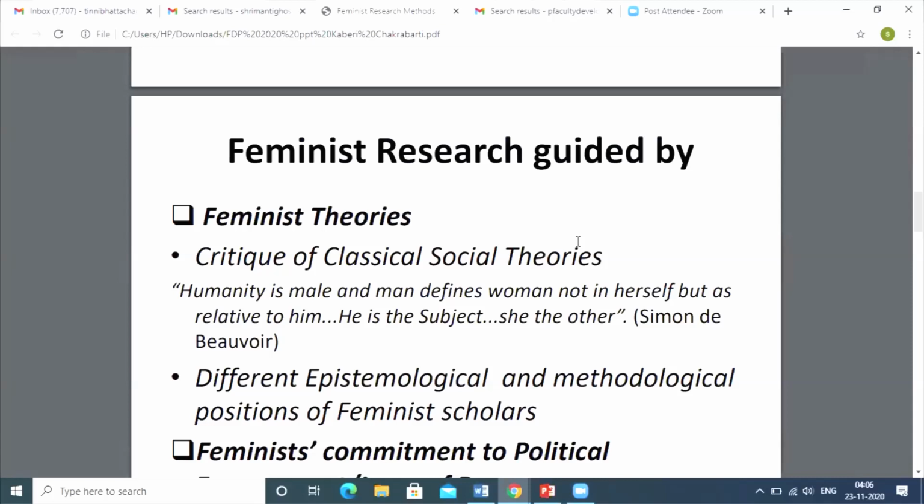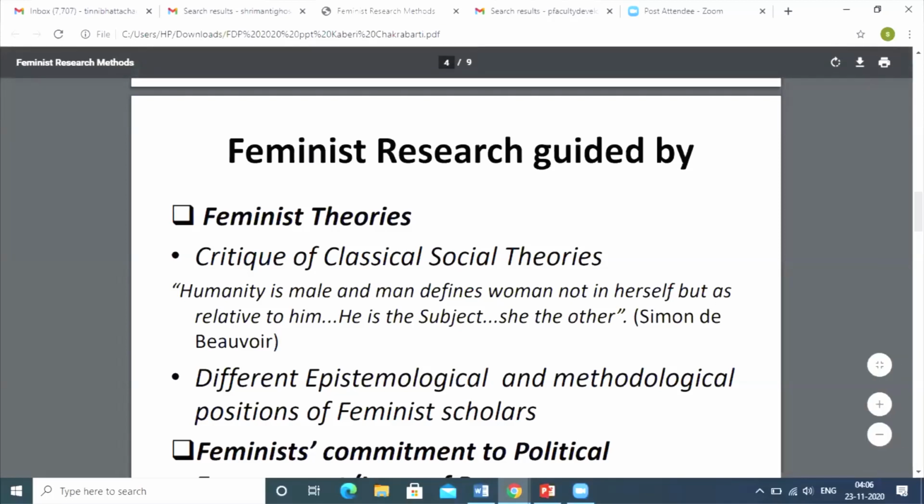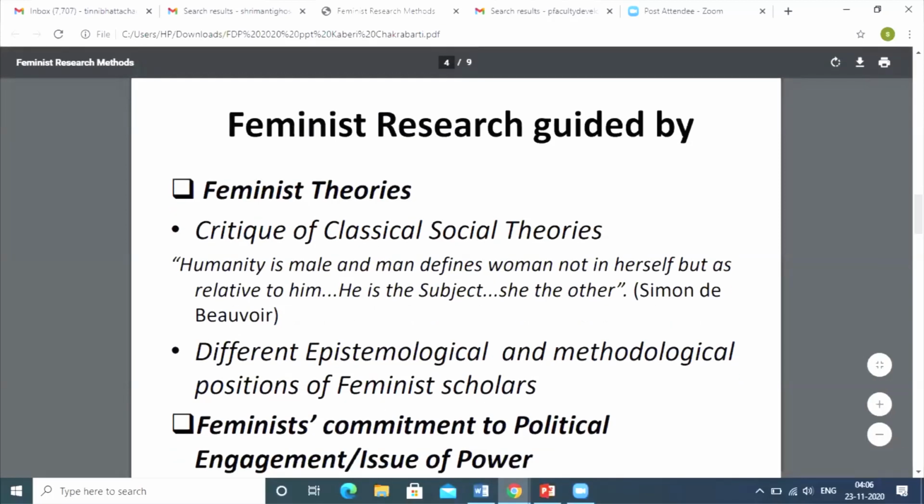In that sense, feminist research is guided mostly by feminist theories, of course taking into account social theories in general, but feminist theories contribute the most in understanding the very scope of feminist research methods.